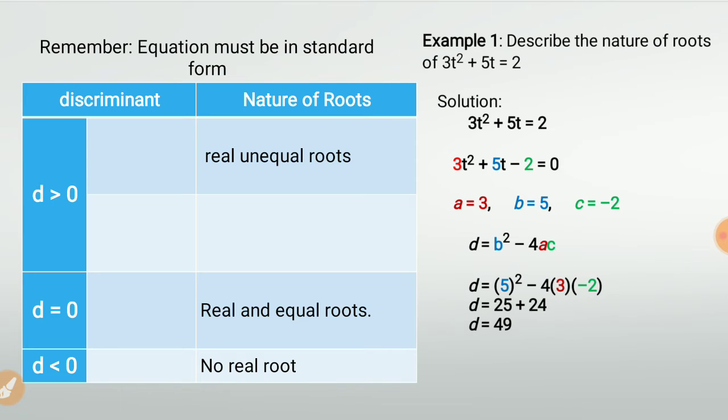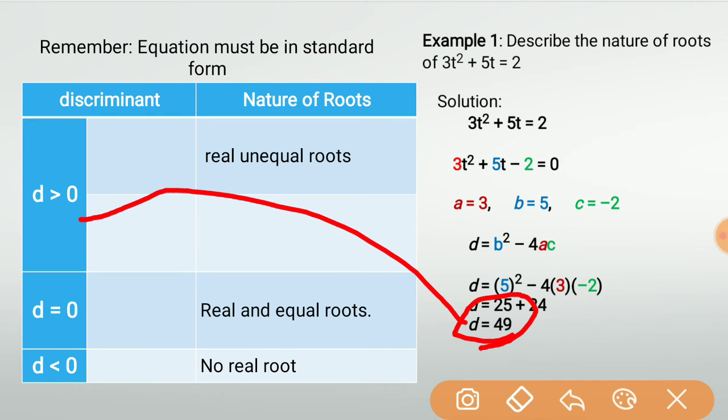When you add 25 and 24, your final value of the discriminant is 49. So in this equation, the value of discriminant is 49. Now compare this value of discriminant in your table and identify the nature. If D equals 49, then can I say that discriminant is greater than 0? Yes.